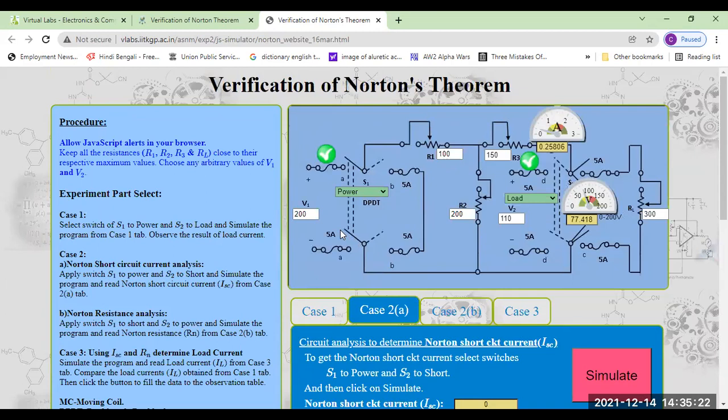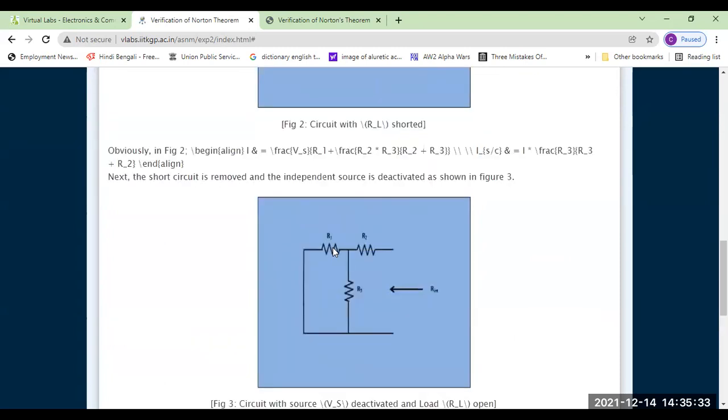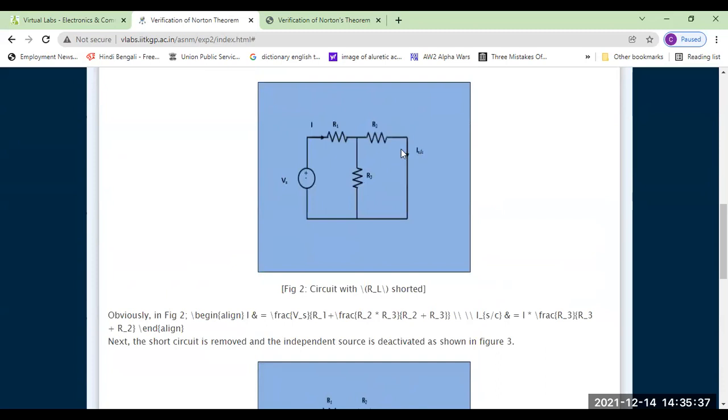So in the second step, what do we want to do? In the second step, we have to short this S1. Remove this voltage source, just like your theory, and you have to measure the short circuit current.